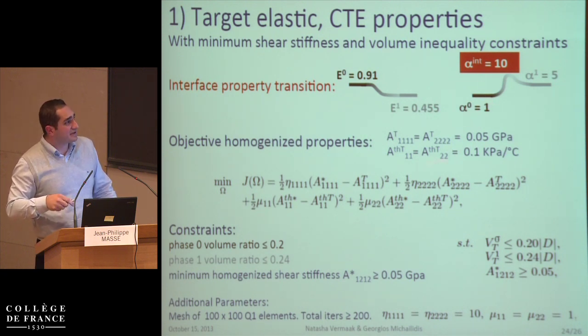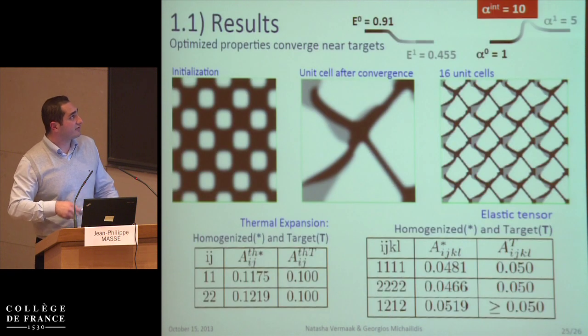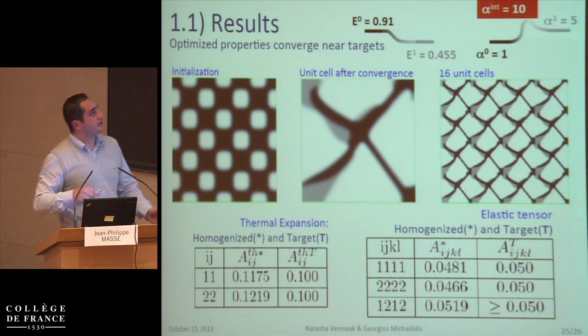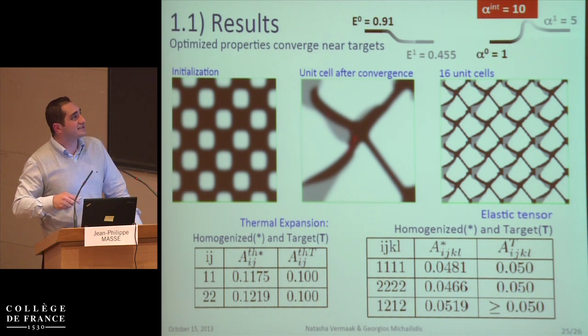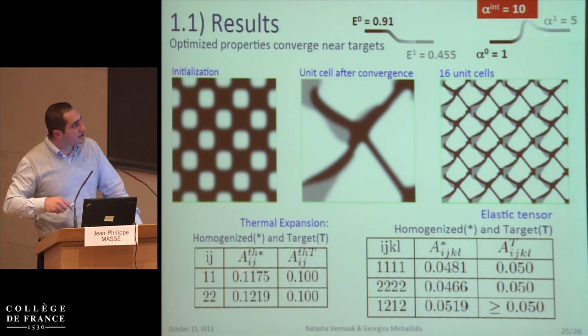The problem is the same as previously, and starting from a guess shape, we converge to an optimized shape that has a much different form than the previous. Again, we can see that the homogenized coefficients are close to the target coefficients, so we are satisfied.